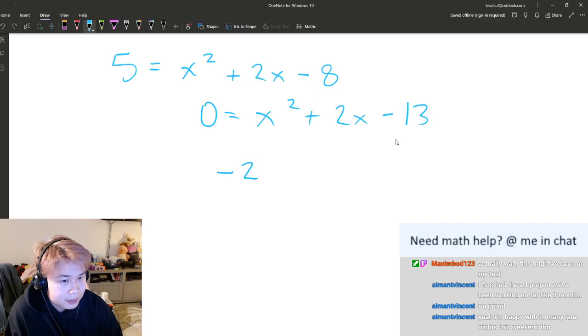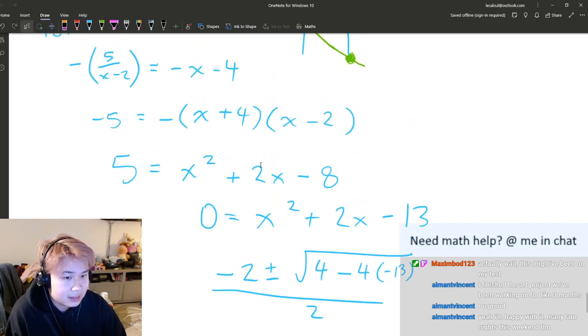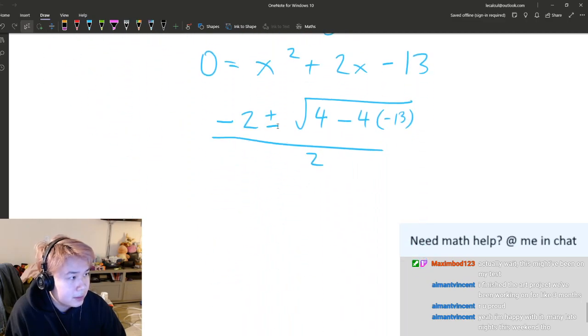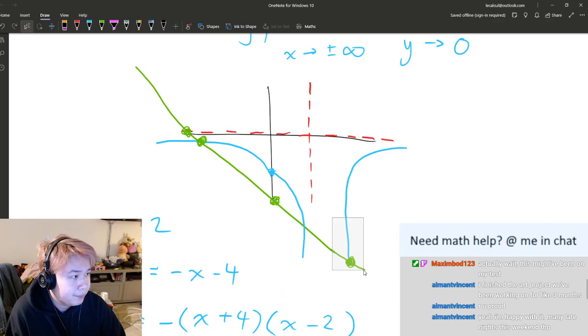-2 plus or minus the square root of 2 squared minus 4 times a times c, divided by 2. And one thing to note is when we do the quadratic formula, you should get 2 solutions when there's only 1.